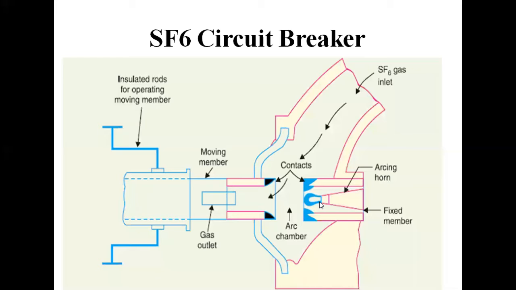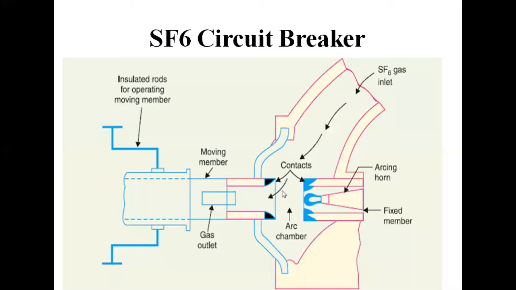Now let us see the construction of the SF6 circuit breaker. It has a fixed member. This is our fixed contact. This contact doesn't move. This is the moving member, moving contact, and both are hollow.